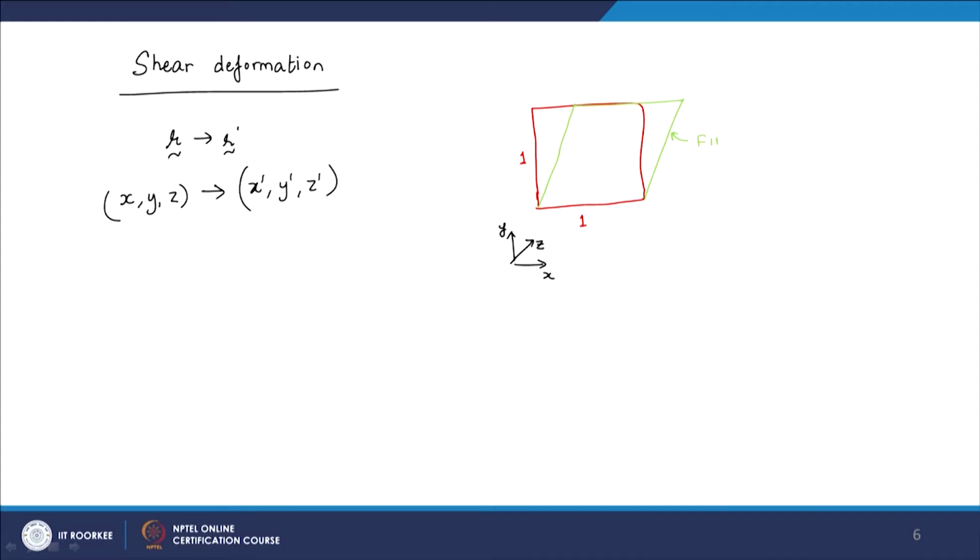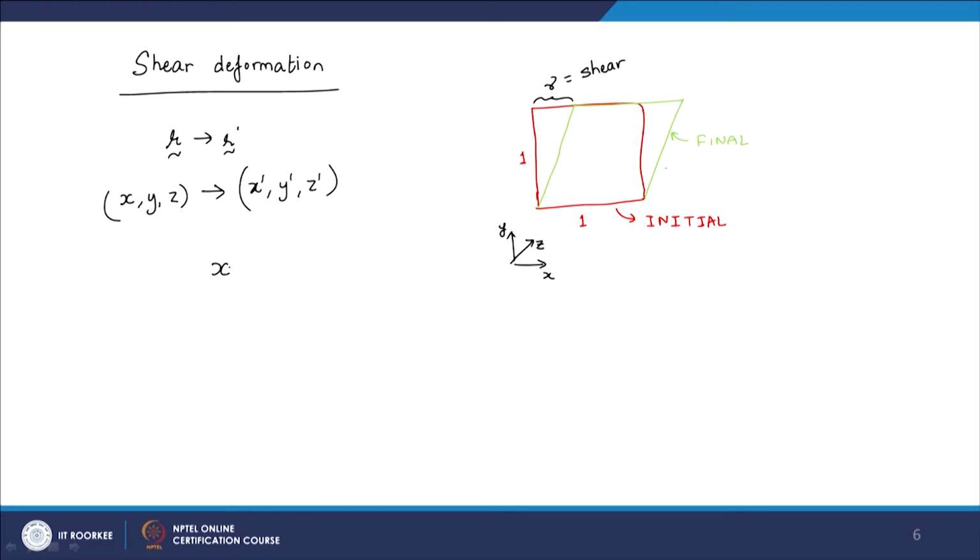This is the final state and this was the initial state, and this magnitude is what we know as the amount of shear. So, per unit distance in the y direction, we have a shear gamma along the x direction. This is how we define the shear. So, then the positions actually transform as this.